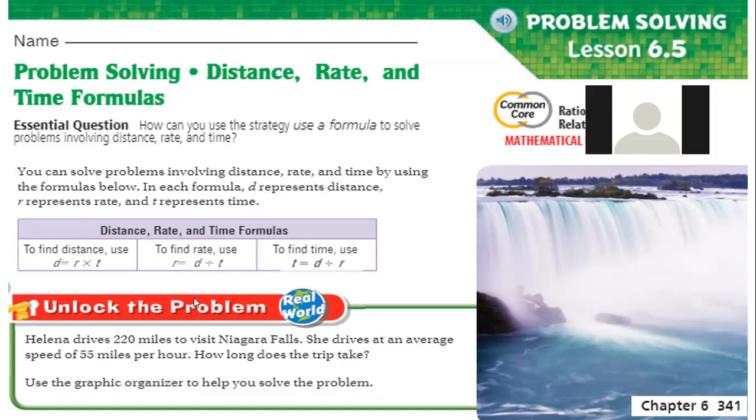Okay, so I want all of you to open the notebook to write something important. We're going to summarize these 3 formulas in our notebooks by using the triangle rule. So please write with me on that page.